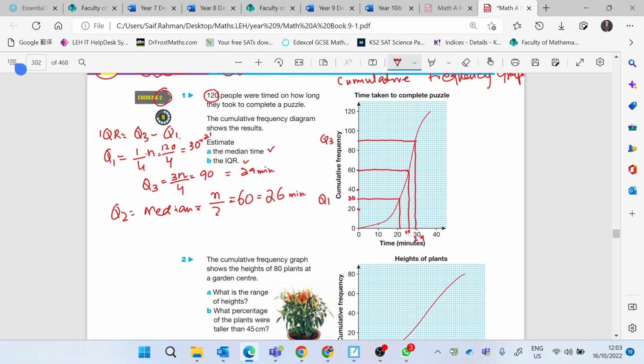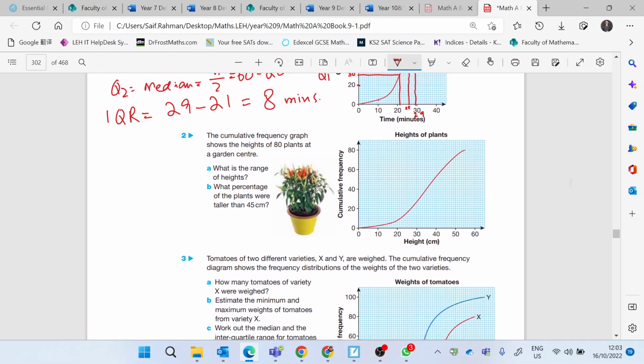So the median time is 26 minutes, and the IQR is Q3, 29, minus Q1, 21, and that gives us 8 minutes. So this should be our answer.